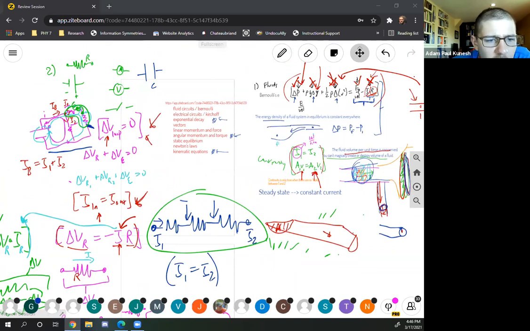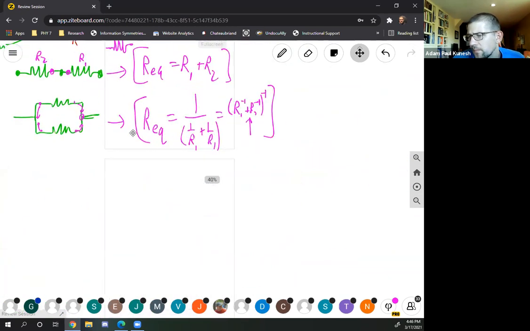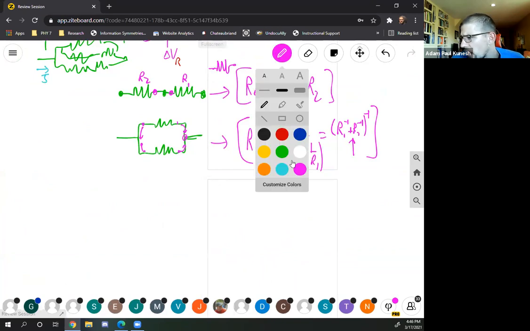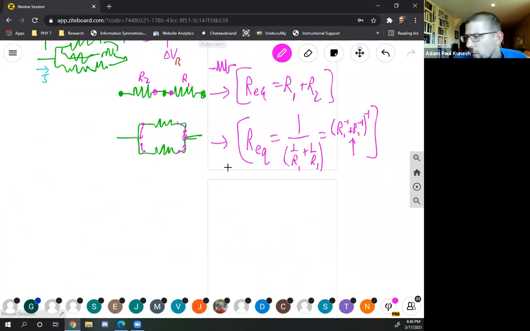Masha asks, resistors in parallel always have the same change in voltage, right? That's right. If I've got two resistors in parallel, the change in voltage across them must be the same because the voltages at either side must be the same. So we have V1, V2, V3, and V4.